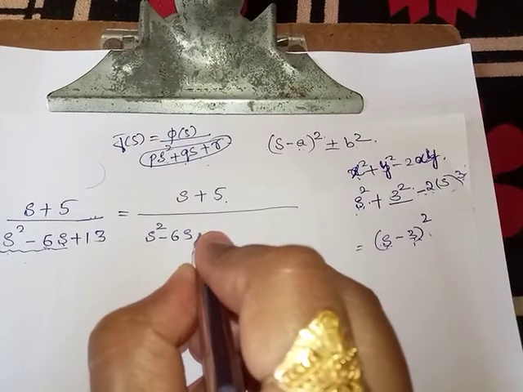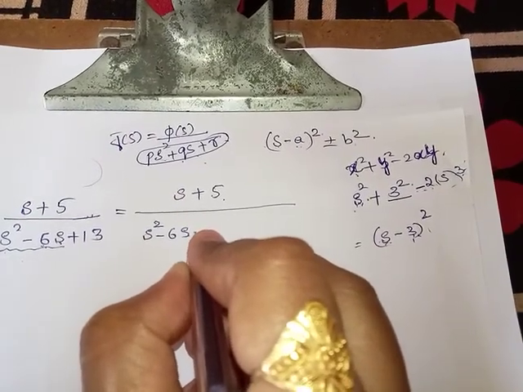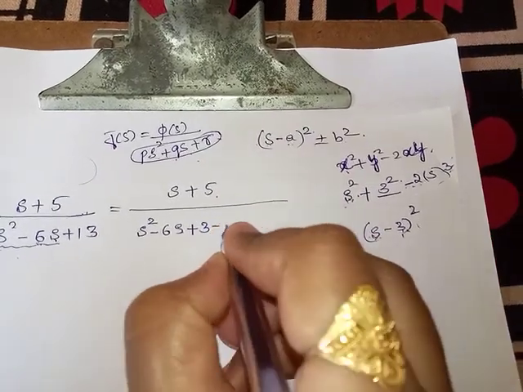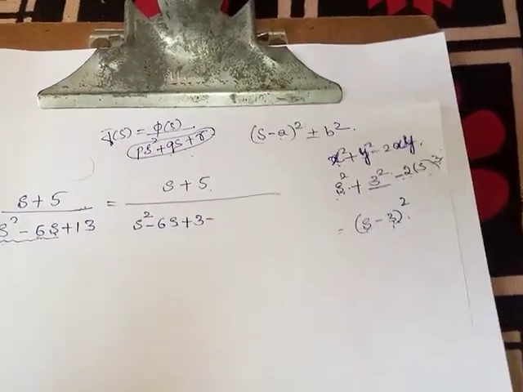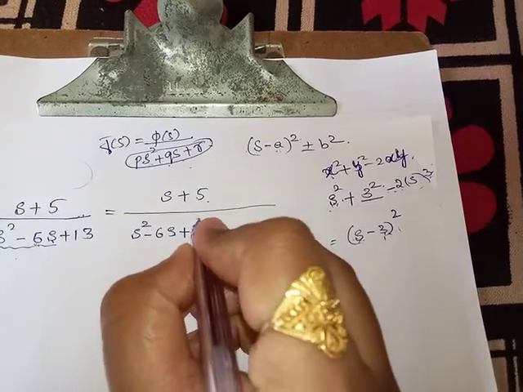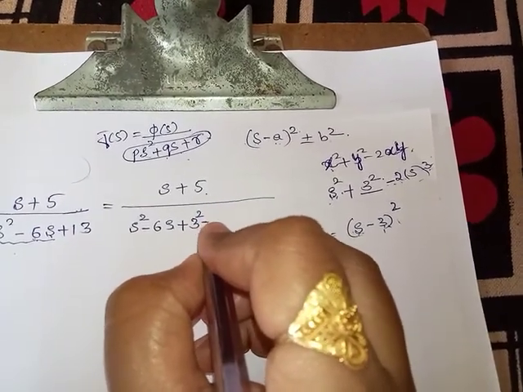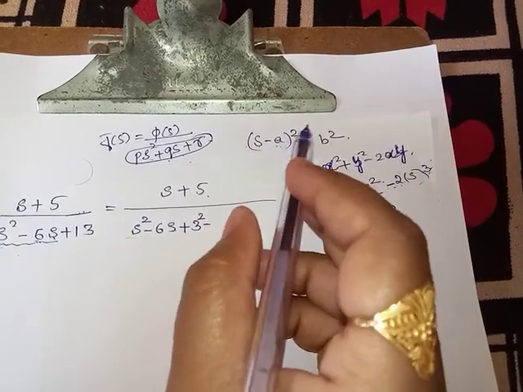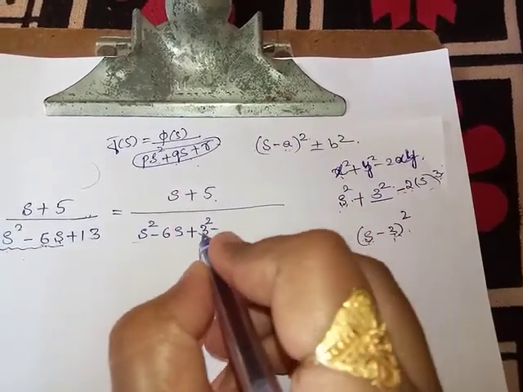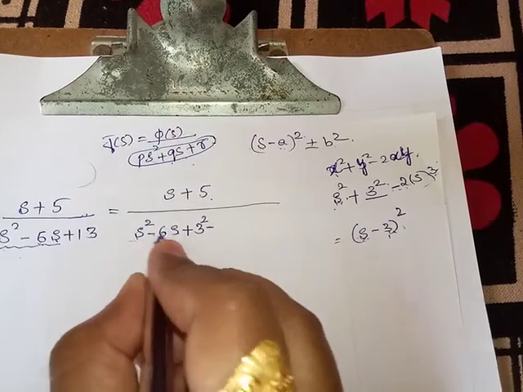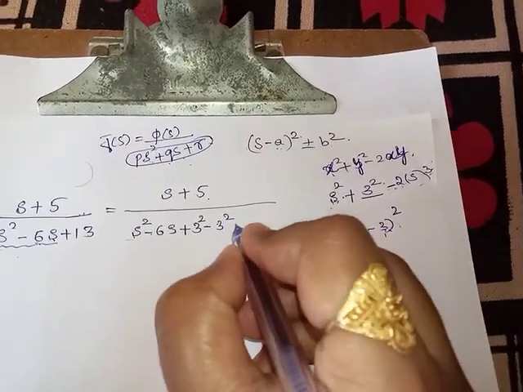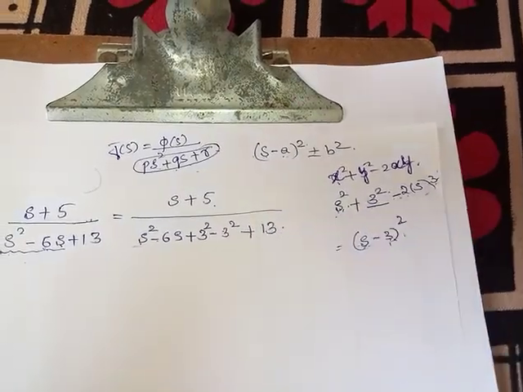Here I will add and subtract 3 square to this denominator to get the perfect square, that is s minus a whole square formula, so that it is s square minus 6s minus 3 square plus 13 as it is.